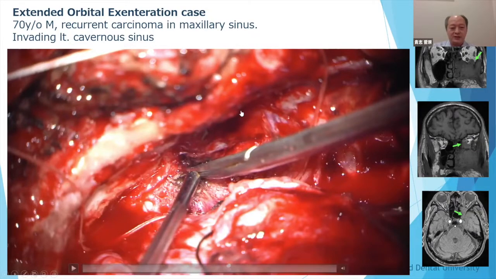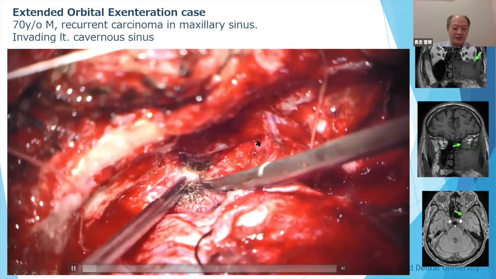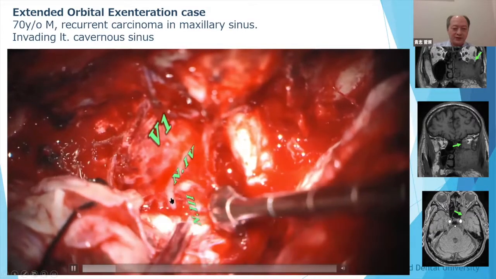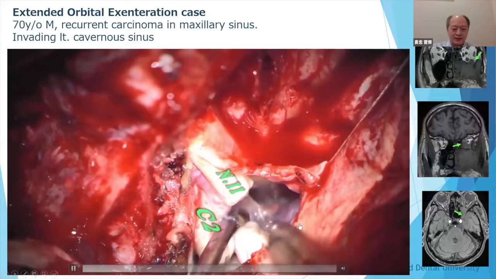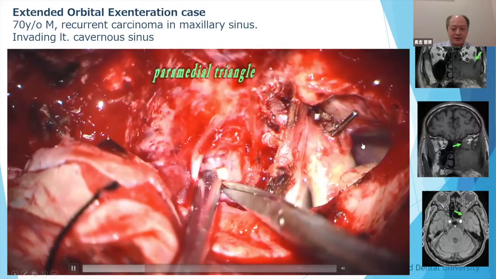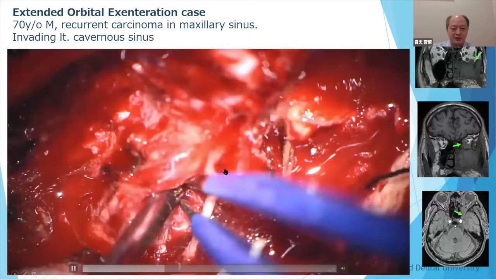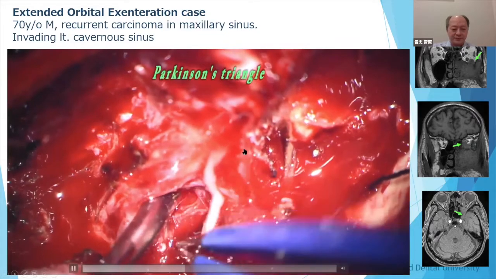So we decided to operate on this case, and cut V2 here, and you can see the third nerve, fourth nerve in V1, and cut the optic nerve and open the paramedial triangle and remove the carcinoma in the cavernous sinus this way.